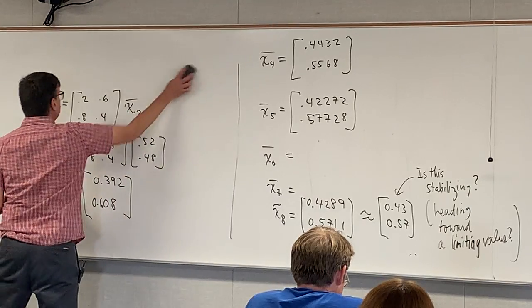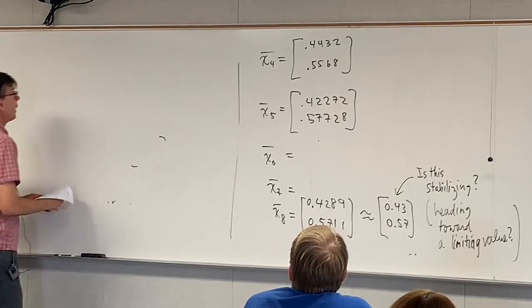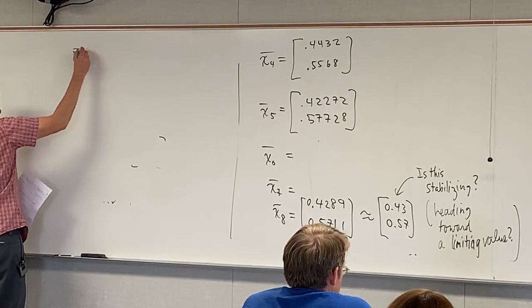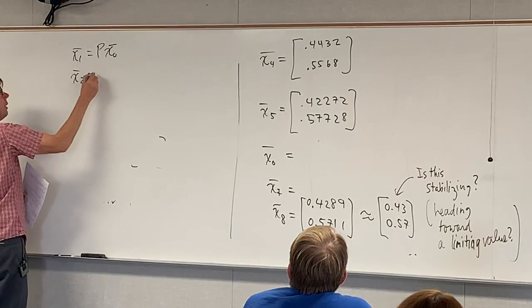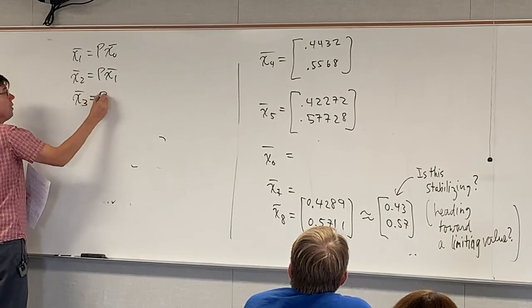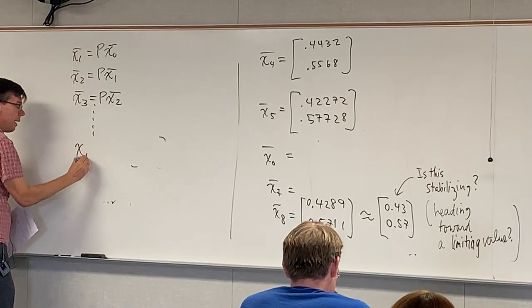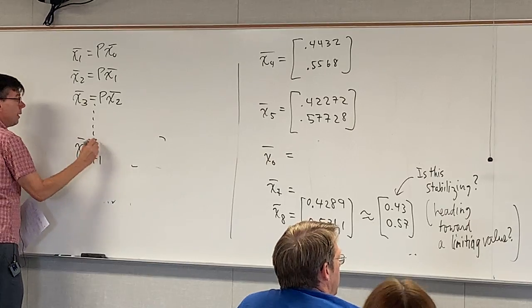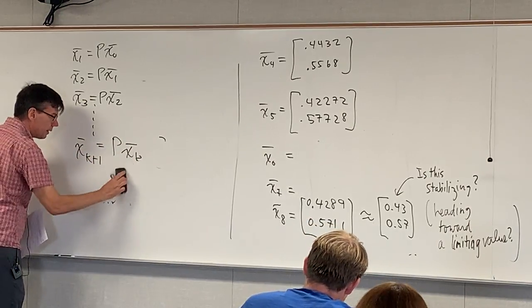We know in our Markov chain, x1 equals P of x0, x2 equals P of x1, x3 equals P of x2, xk plus 1 equals P of xk, all the way down the line.